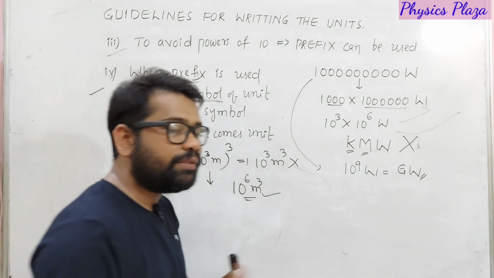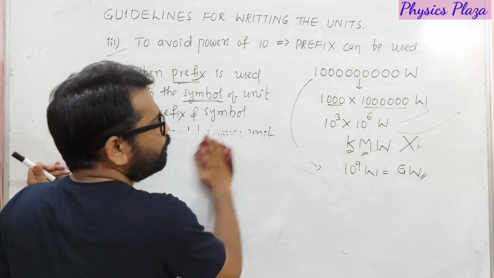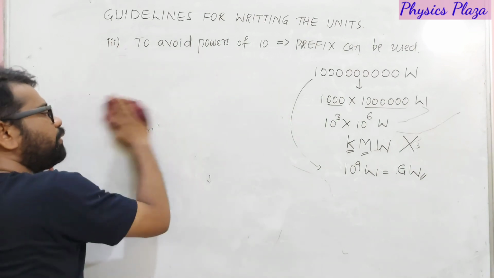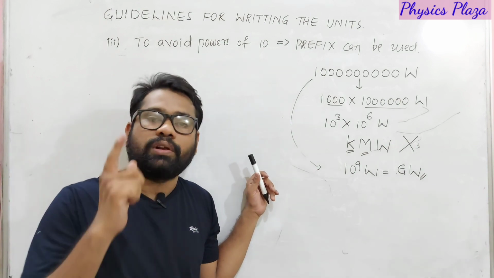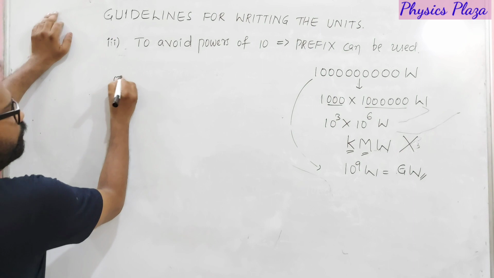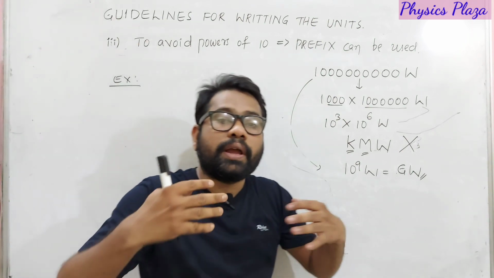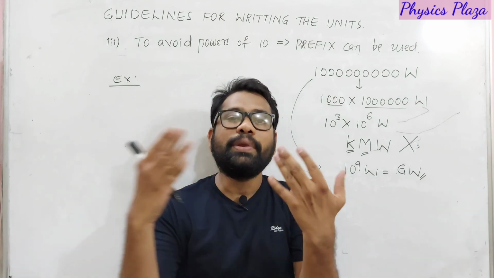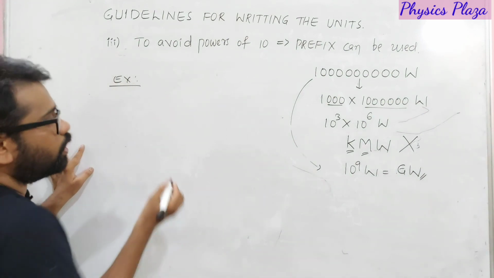And one more very important thing, a mistake most children commonly make, is that whenever we write units, you cannot use plurals. You cannot use a plural form. For example, dear children, the distance between my house and the kirana shop is 10 meters. How should I write this?